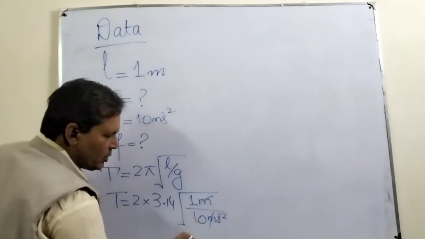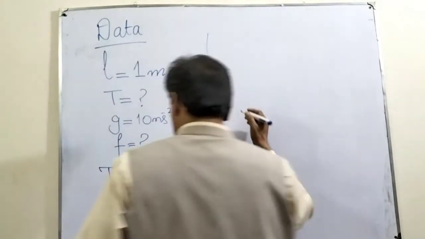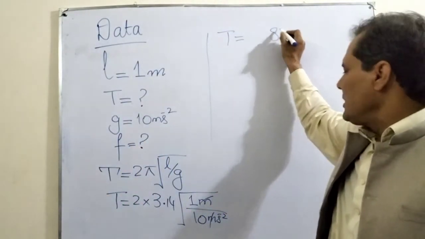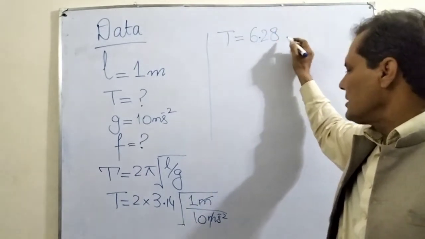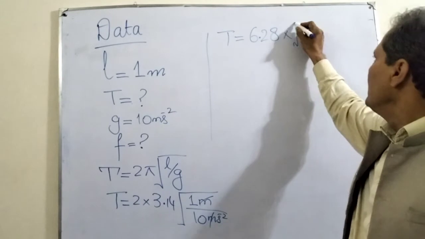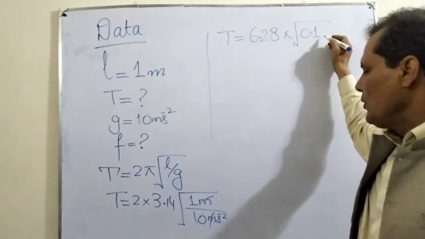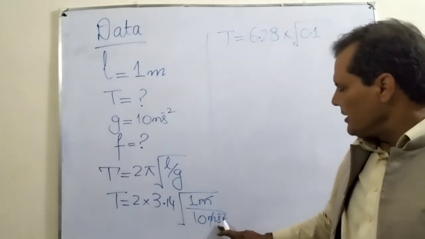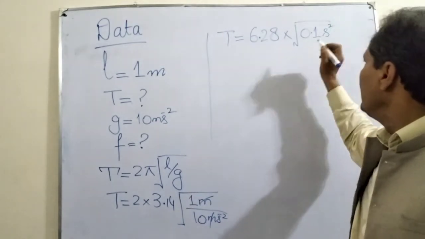So meter cancels out with this value, so this becomes time period is equals to 2 4s are 8, 2 1s are 2, 2 3s are 6 times 0.1, 1 over 10 is 0.1, and the second raised to the power minus 2 is in the denominator. By taking it to the numerator, it becomes second raised to the power plus 2.